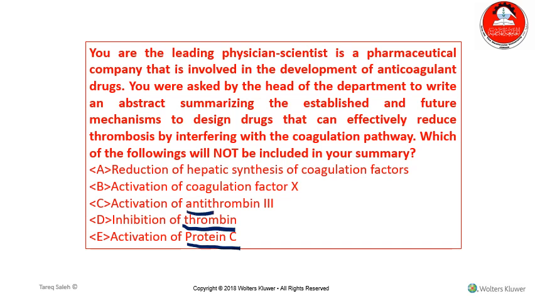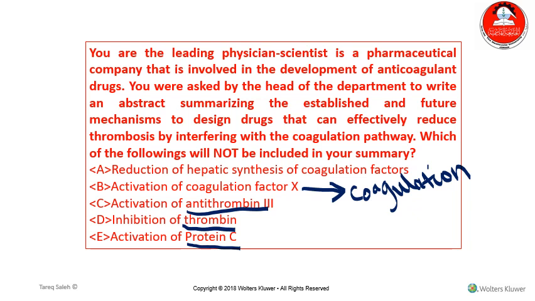Activation of antithrombin 3 will result in the inactivation of factor 10 and thrombin, and that will definitely have an anticoagulant effect, and that's how heparin works. Activation of coagulation factor 10 will result in more coagulation, right?